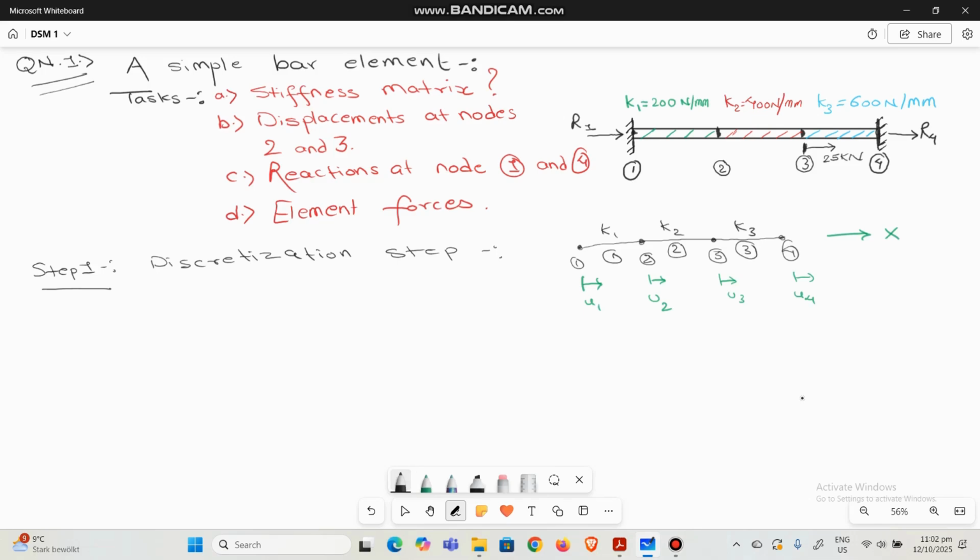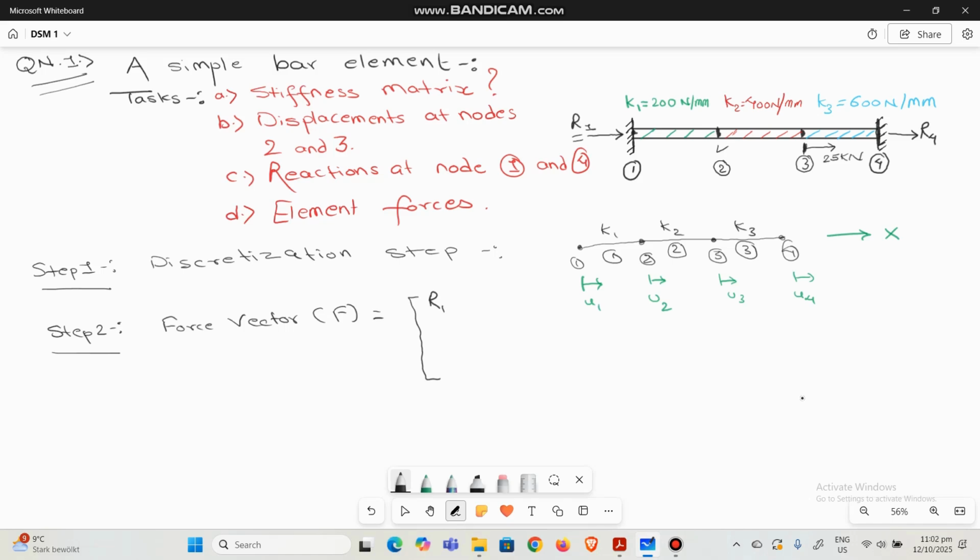Now let's collect what we have in step number 2. Let's collect the force vector F. The force vector F is just the collection of all the forces available here. For the first node, the force is the reaction from this fixed support, so just keep R1.